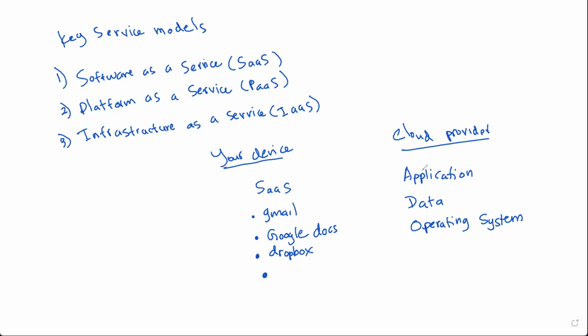And there, we use the application, data, operating system and middleware services. That means the services which are used by the cloud servers to interact with different applications and give the service requested by the customer. So the cloud server provides us the application, data, operating system and middleware services under SaaS.